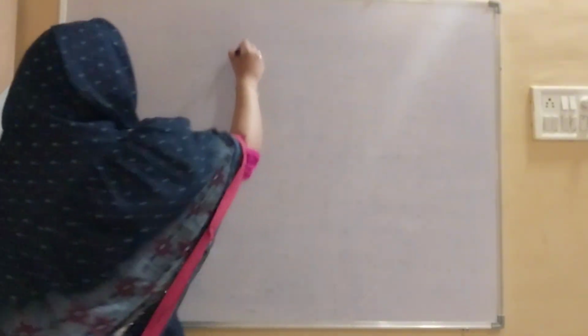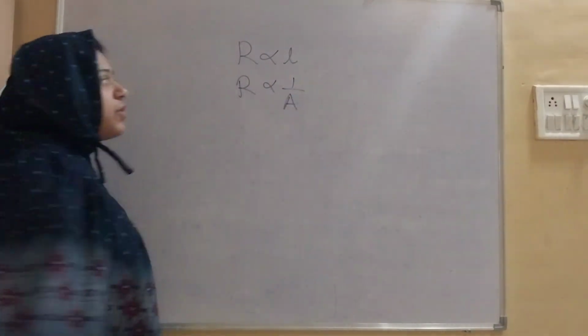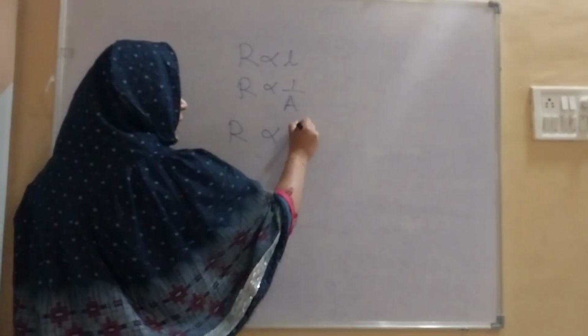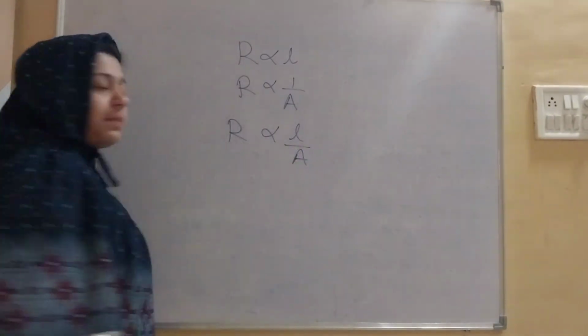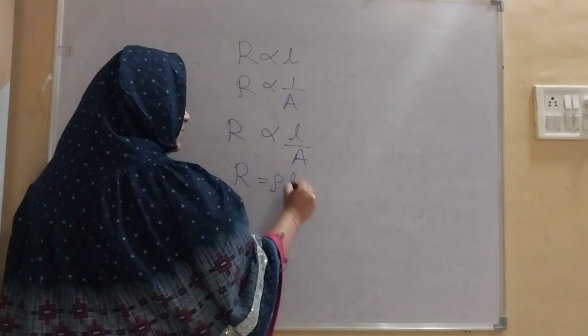Now, we know that resistance is directly proportional to length and inversely proportional to area of cross section. When we combine these both, R is proportional to L upon A. Removing the proportionality sign, we put equals to with a constant.